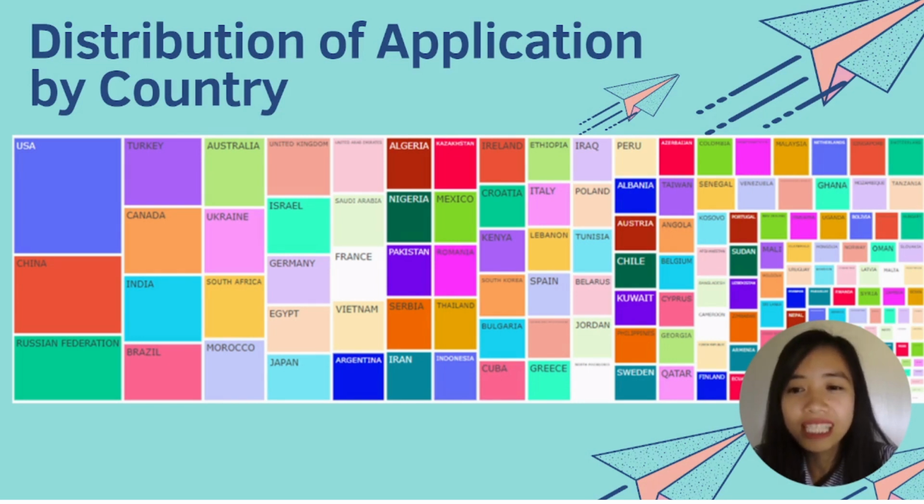In this graph, we can see that USA, China, and Russia are the top three countries where visa applications are submitted. We can say that it has something to do with population because, as you may know, USA, China, and Russia are huge countries with a lot of population.